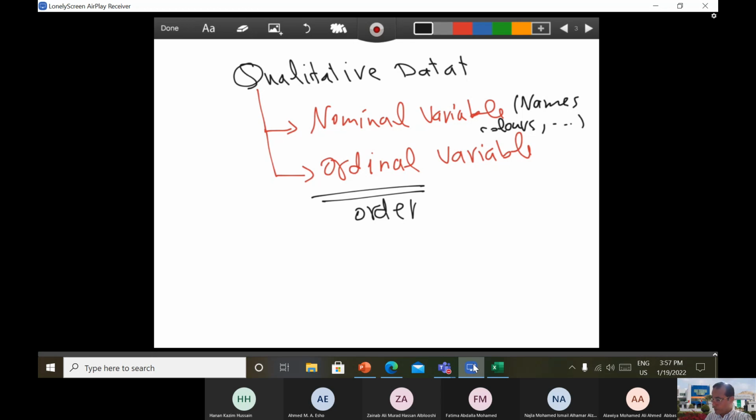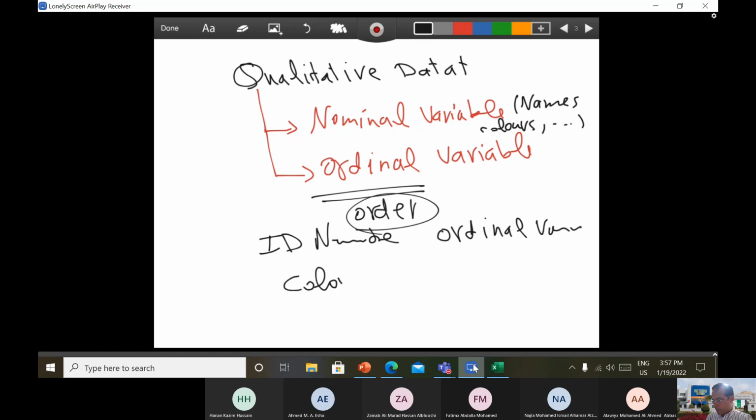Or also, if you go for ID, this ID number, you can order them, right? So ID number is ordinal variable. Okay. And colors is nominal variable.